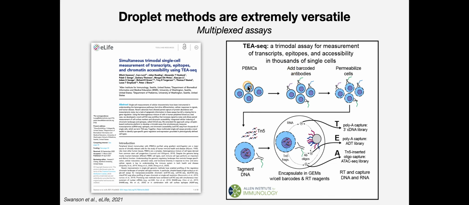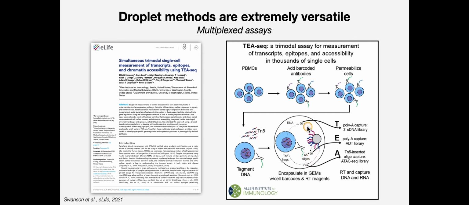That you can take whole cells, you tag them with antibodies with the oligos conjugated to the antibodies, so this is site-seq. You then permeabilize the cells and flow in a TN5 that will make it to the nucleus and cut accessible areas of chromatin. And this all happens in droplets. Then when the cell is lysed, you get capture of your mRNAs, capture of your antibody tags, and capture of the accessible chromatin regions as well.